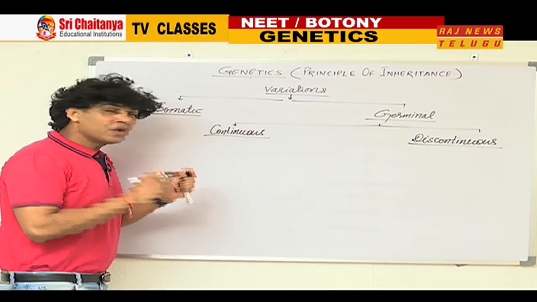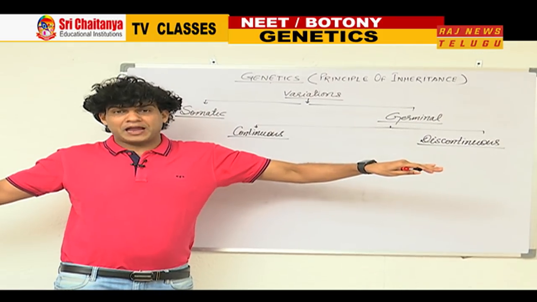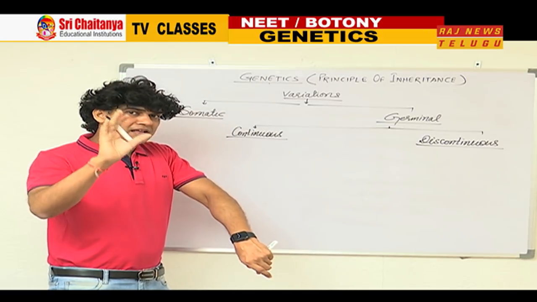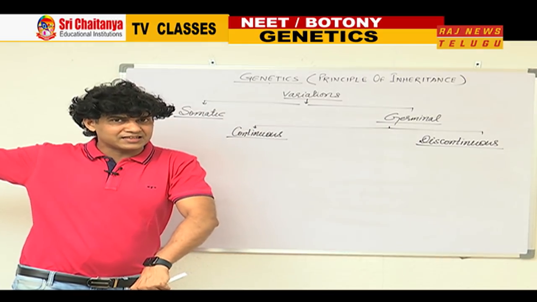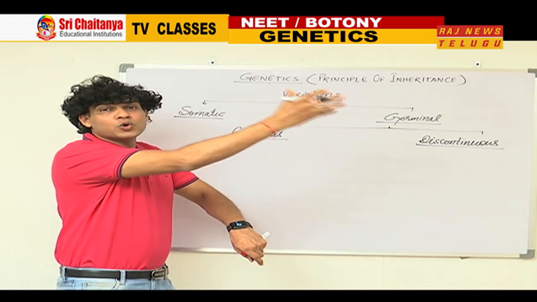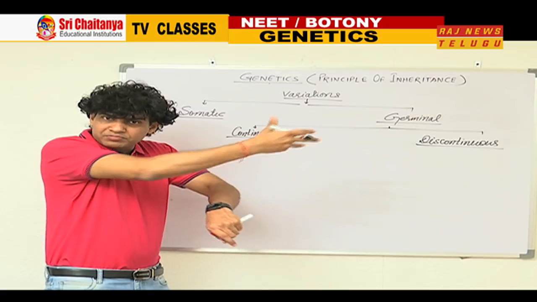Take an example. Continuous variation means a continuous distribution of the phenotype. Just for example, human skin color. Human skin color is not confined only between the darkest skin color, Negro, and the fairest skin color, Caucasoid. We observe a large number of patterns of skin color.